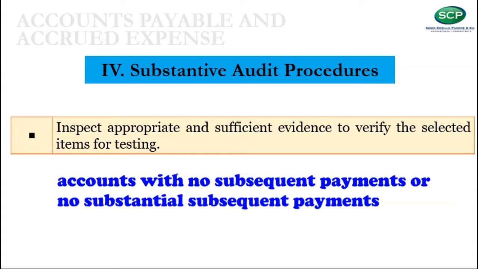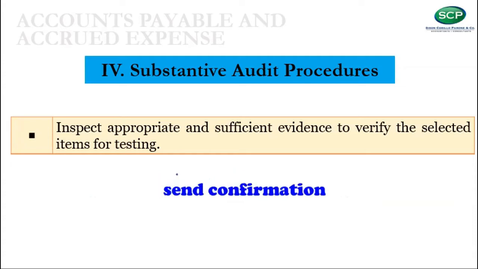In many cases, we also send confirmation requests for the selected trade payable balances. So usually sa trade payable lang natin ginagawa ang confirmation, but it doesn't mean na hindi tayo allowed na mag-send ng confirmation for accrued expenses. As long as the team deems it appropriate and necessary to send confirmation for accrued expenses. So walang nagpo-prohibit sa team from sending confirmation to accrued expense payable balances.